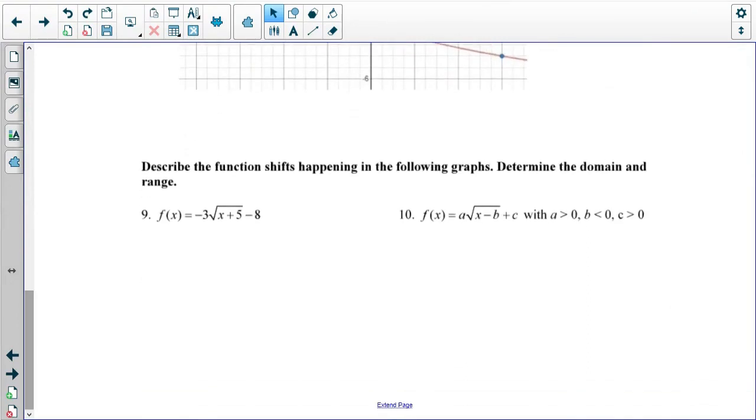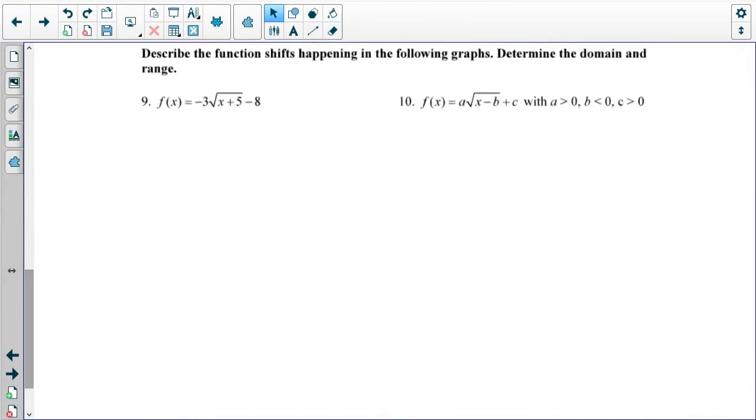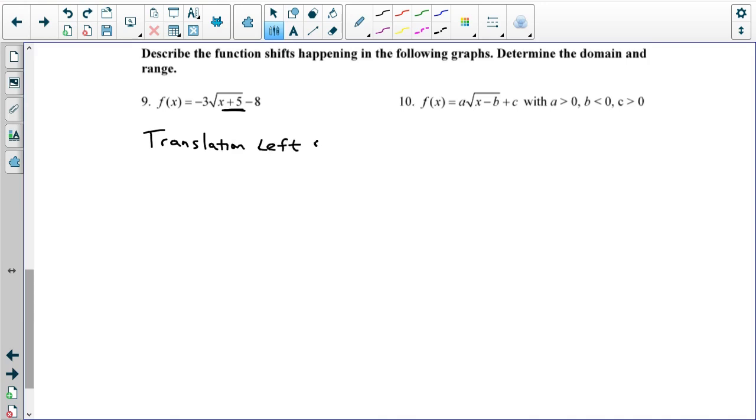Describe the shifts that are happening in these problems. It looks like I have a translation or shift left 5 and down 8. And then I have a vertical stretch of 3.